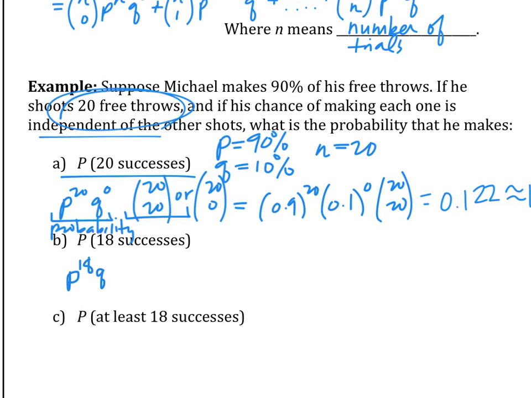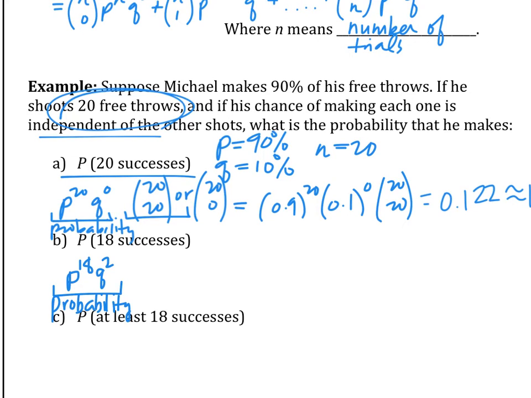Out of 20 shots, if you're going to make 18, then 2 of them you're not going to make. Now, this is probability. But no one says that you have to make 18 shots in a row. The 18 shots could come out in any form of the 20 shots.